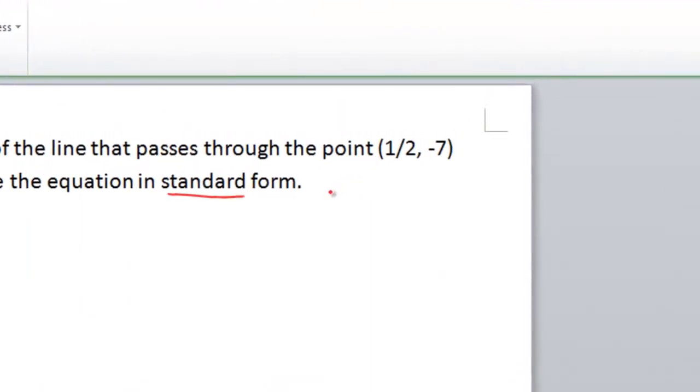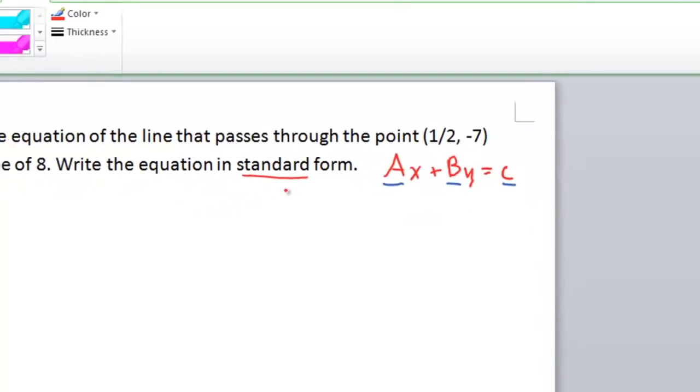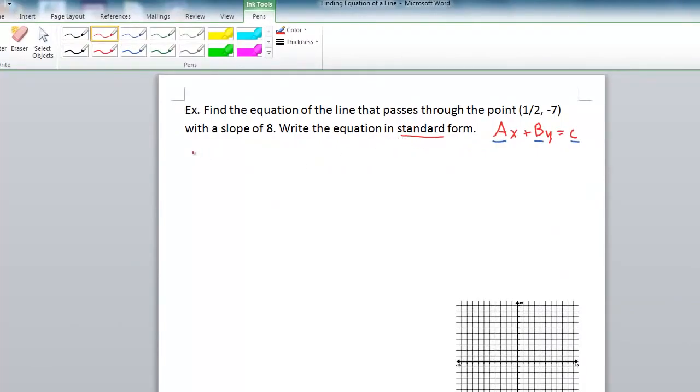Remember, standard form looks like this: Ax + By = C, where A, B, and C are constants. We're going to start by getting our equation in slope-intercept form, and then from there we'll rewrite it in the standard form. So let's look at what we're given.